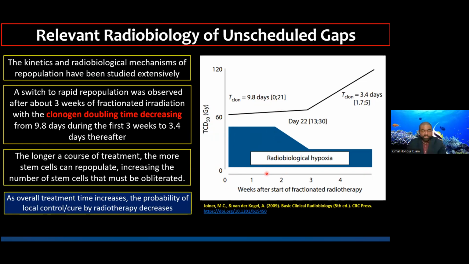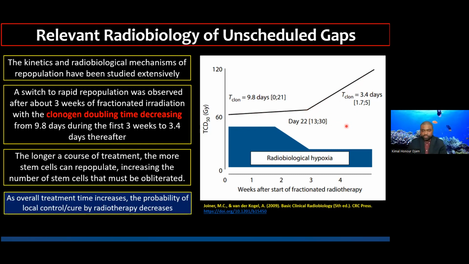What you need to keep in mind is that if you look at this graph, around 3 weeks there is a switch to rapid repopulation, which implies that when we start treatment, there is a lag period where there is very little or no growth. Around 3 weeks, consistently in several studies, they found that the tumor starts to rapidly repopulate itself.